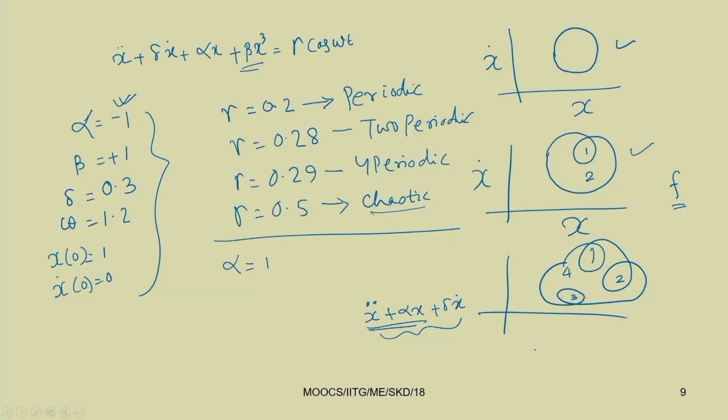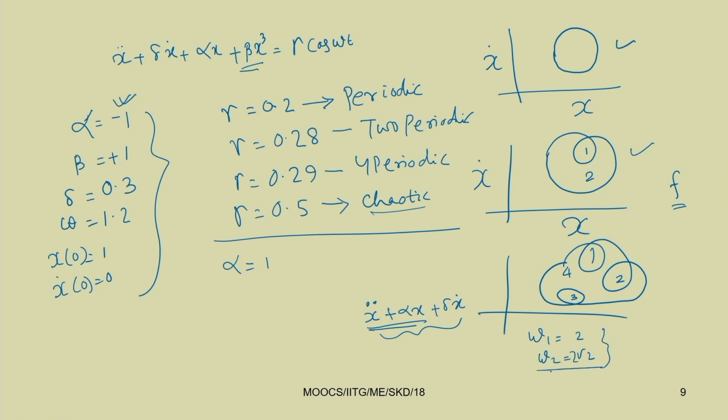Let them be omega 2 and omega 1. Omega 2 by omega 1 must be an integer, but if they are irrational numbers, for example, one frequency omega 1 equal to 2 and the other frequency omega 2 equal to root 2, 2 root 2.